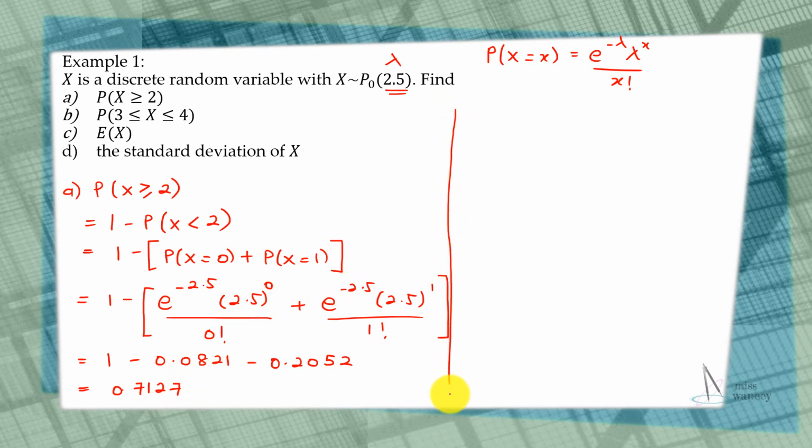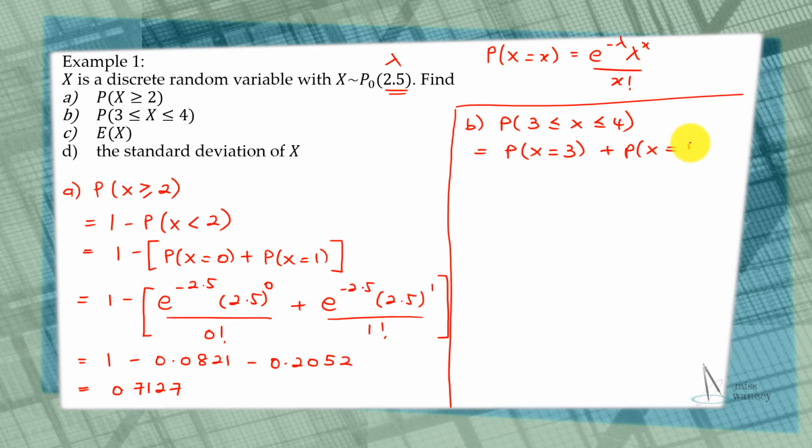So now let us answer B. Probability for x greater than or equal to 3, but it should be less than or equal to 4. So what we mean by this is that x should be equal to 3, so probability of x equal to 3 plus probability of x equal to 4. Now substitute into the formula.